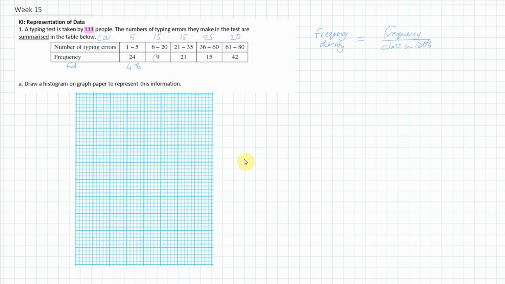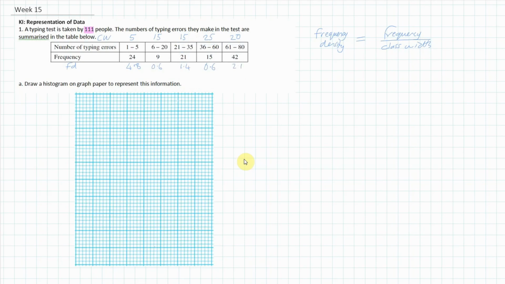For the next one, 9 divided by 15, which gives me 0.6. Then 21 divided by 15, which gives me 1.4. 15 divided by 25 gives me 0.6. And lastly, 42 divided by 20 gives me 2.1.